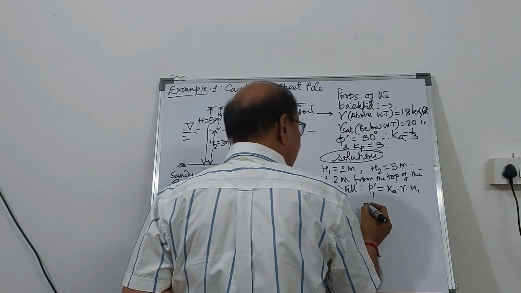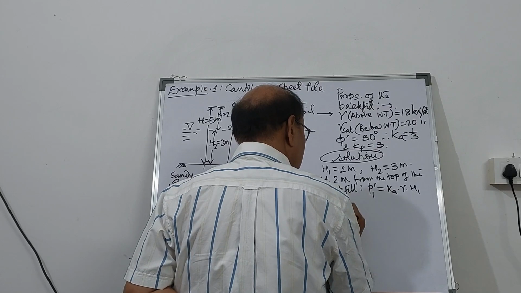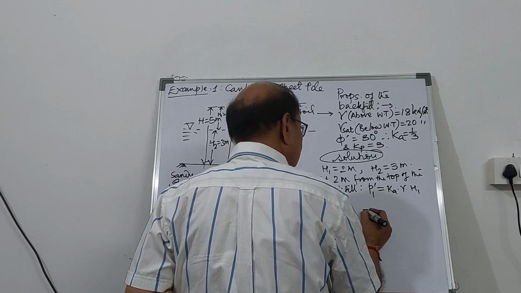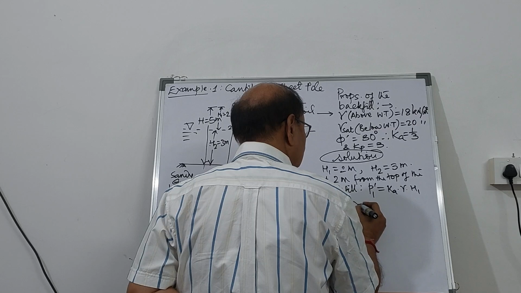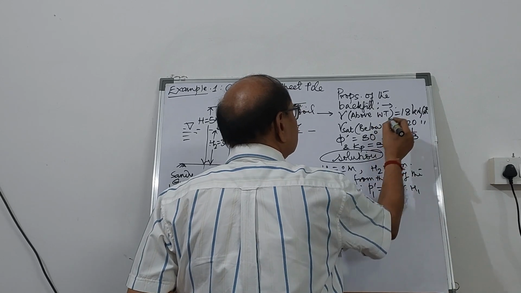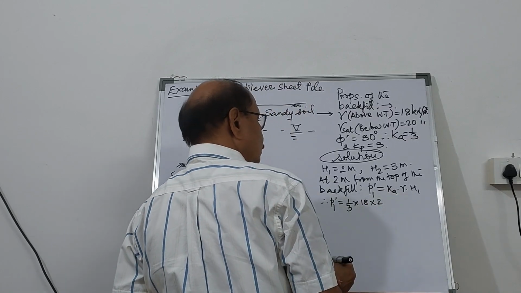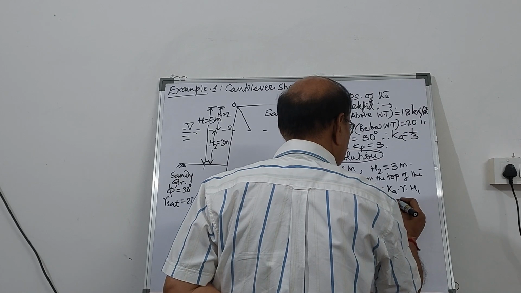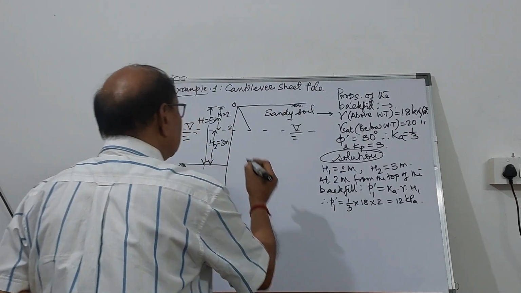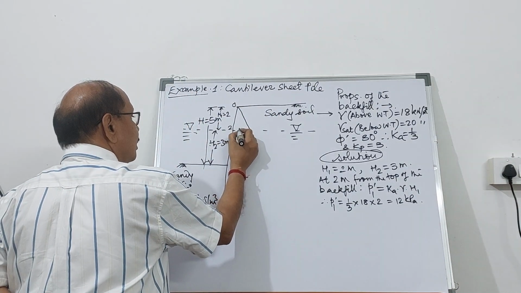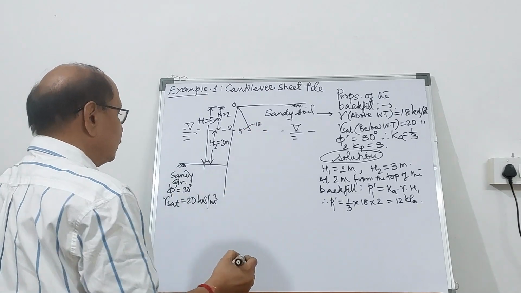Now K for phi equal to 30 is already known to you. Therefore, P1 prime equal to 1 by 3 into gamma is already given as 18 multiplied by 2 H1. So it becomes 12 kilopascal. So the pressure here is P1 prime and this is 12 kilopascal.